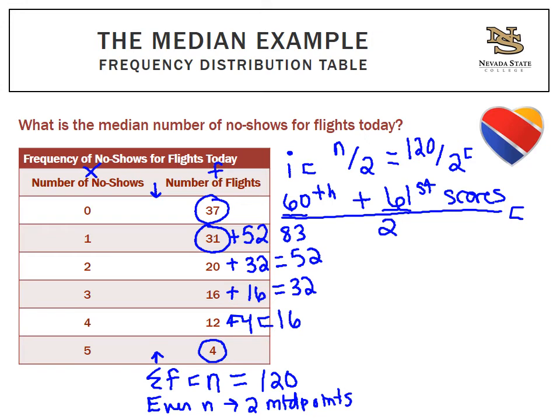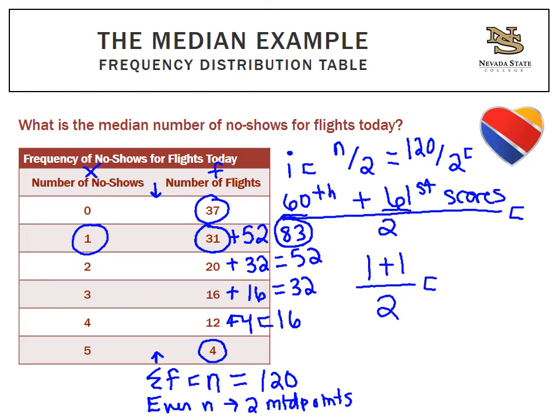To keep it simple as you're adding your frequencies, you just wait till you get to a sum of frequencies that is equal to or greater than the indexes you're looking for. And again, the 53rd through the 83rd score is going to be a 1, and that includes the 60th and the 61st scores. So both of our midpoints are 1s.